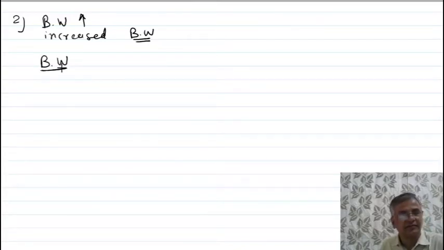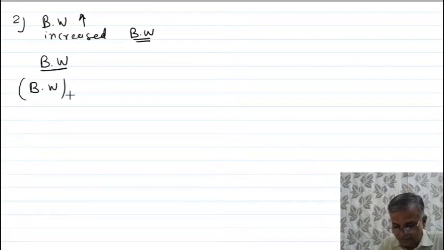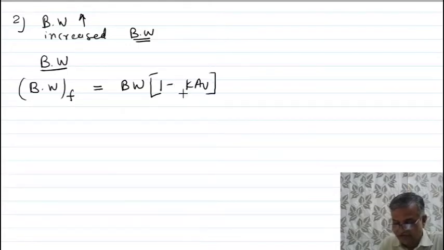Suppose bandwidth of the amplifier without feedback is BW. Now you are using a negative feedback. Then the bandwidth of the amplifier with negative feedback increases by 1 minus KAV times. I think you know bandwidth.